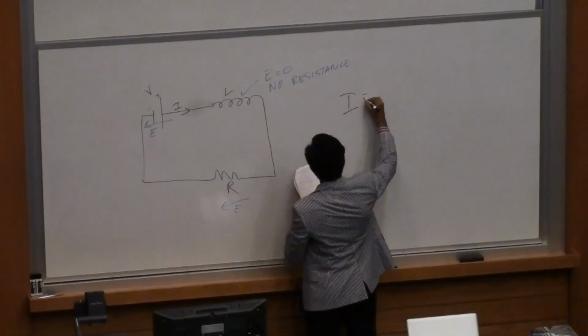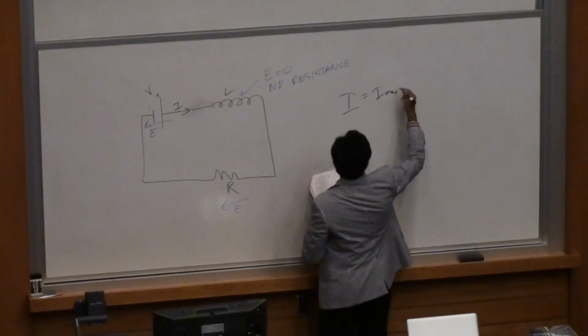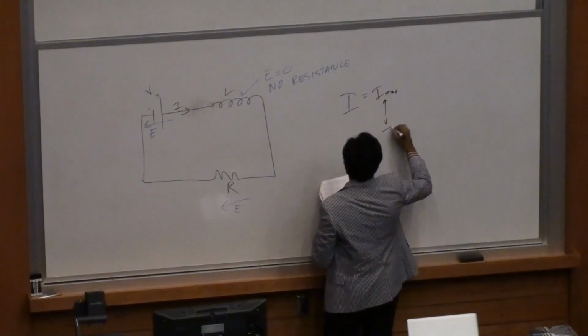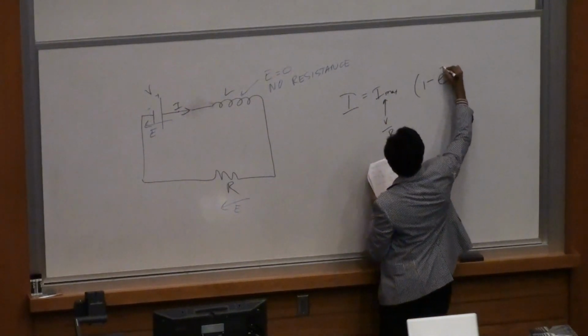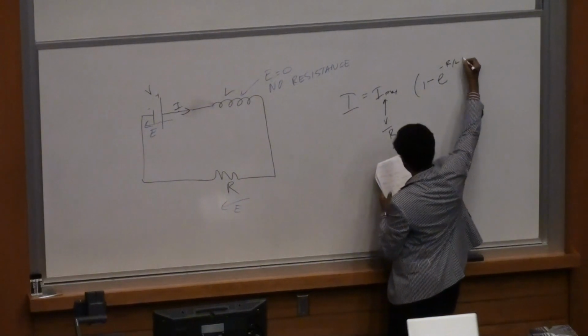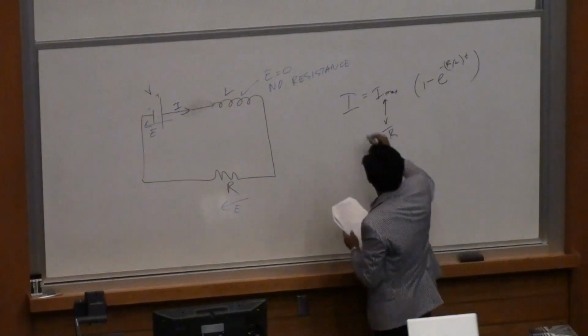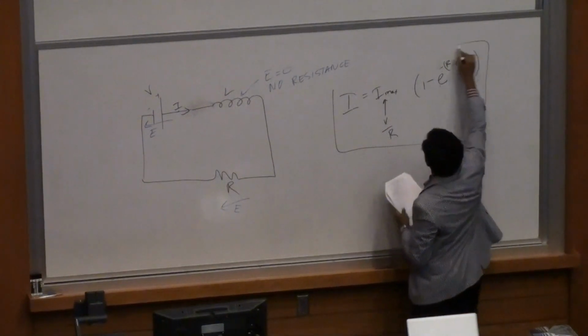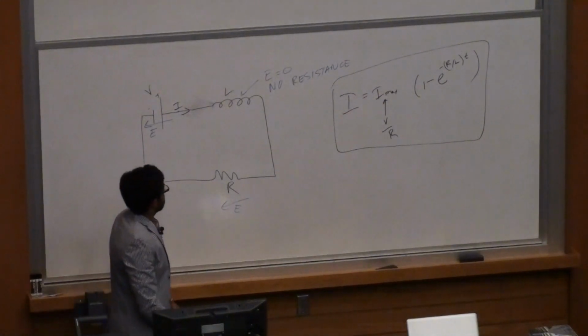Solving for I, I get I max, which is basically V over R, times 1 minus e to the minus R over L t. So this is my current equation, and it satisfies my condition.